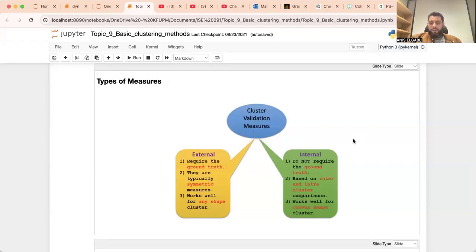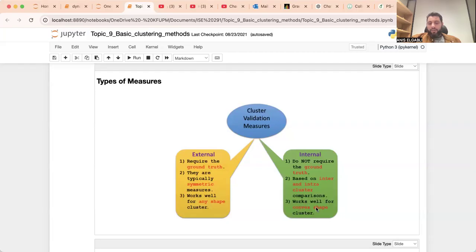So they are based on comparisons between points in the same cluster and points in different clusters. For example, one of them, as we'll see later, looks at the proportion of the scatter of the points within a cluster compared to the scatter between clusters. We will look at that later on.